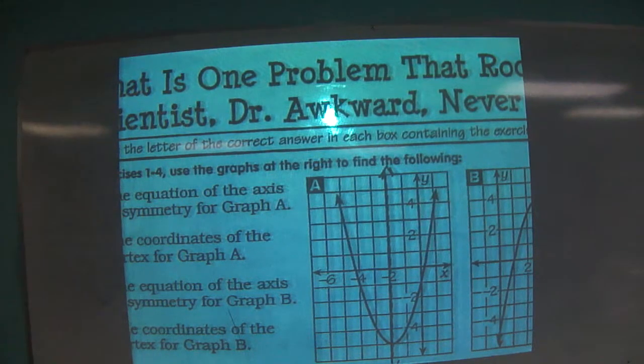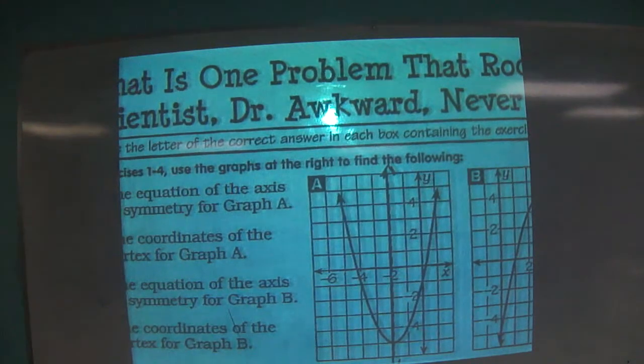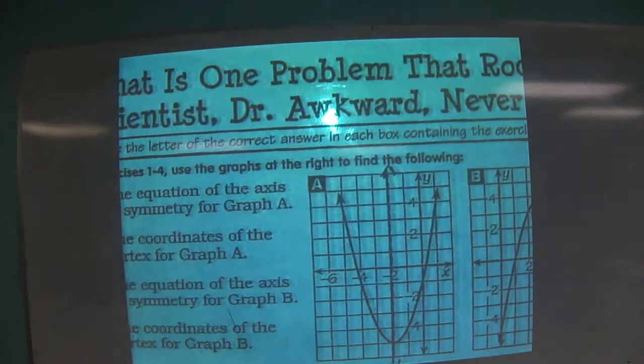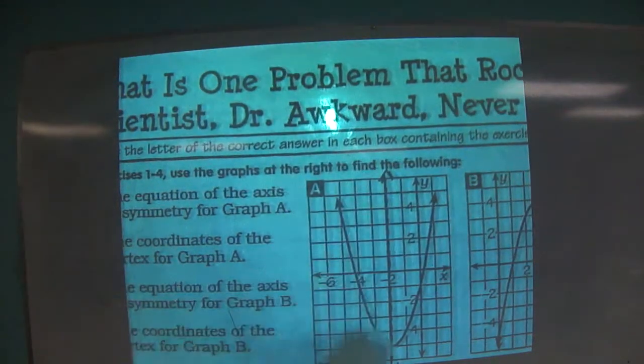Okay? The equation of the axis of symmetry for graph A. That would be what is the x of the vertex for graph A. So where does graph A, where's its vertex? Where is its lowest most point here? I drew a line here. -5. Right here. No, x.